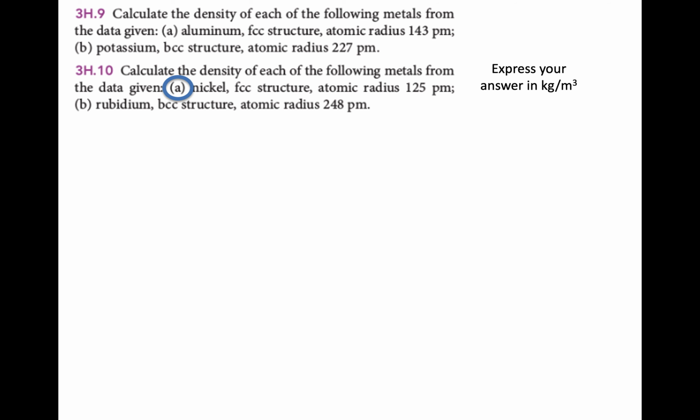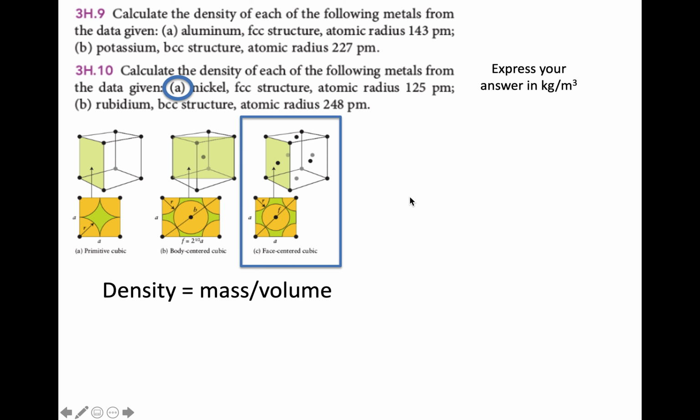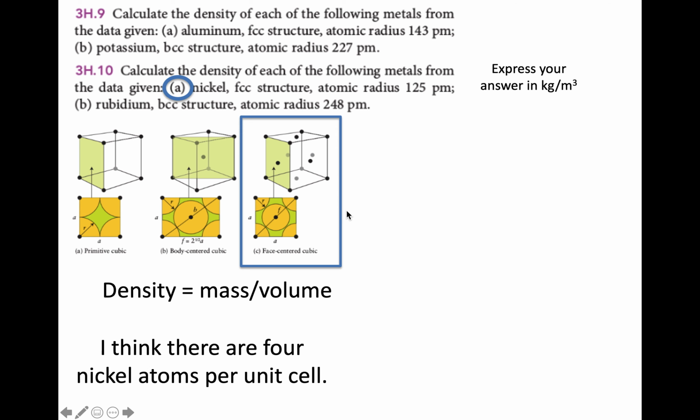So elemental nickel adopts an FCC structure. That's face-centered cubic. And the spheres of the nickel have a radius of 125 picometers. So first thought is, this is my face-centered cubic arrangement. How many atoms of nickel are in that? I think there are 4 nickel atoms per unit cell.